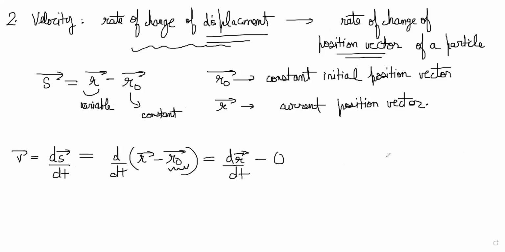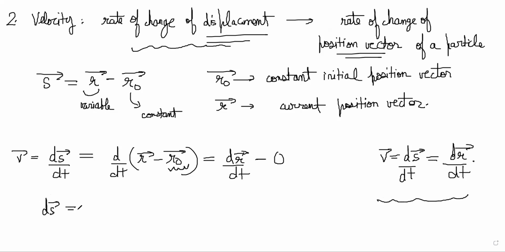Therefore, velocity can be defined in two ways. Either you define it as the rate of change of displacement or the rate of change of the position vector of the particle. These are both equivalent and identical definitions. From here, we get the condition that ds is equal to v dt.